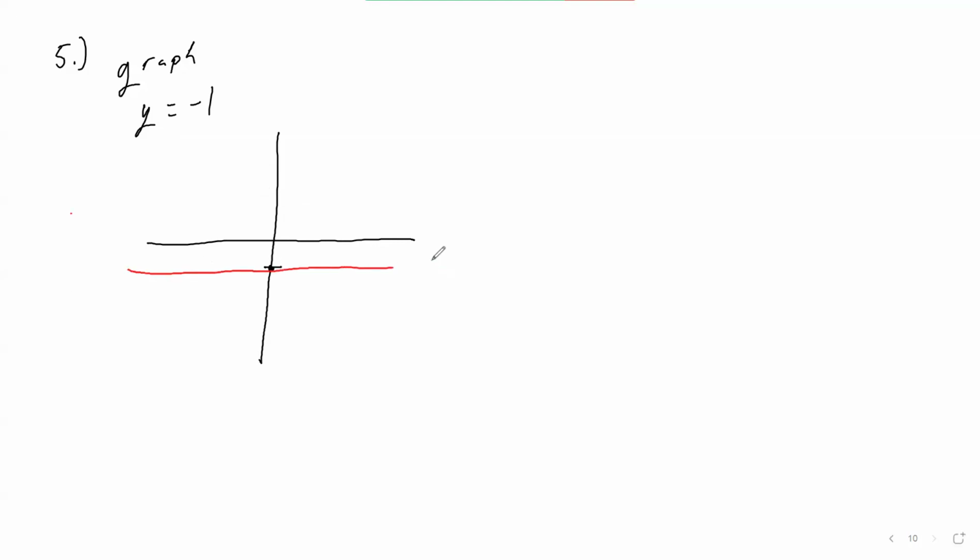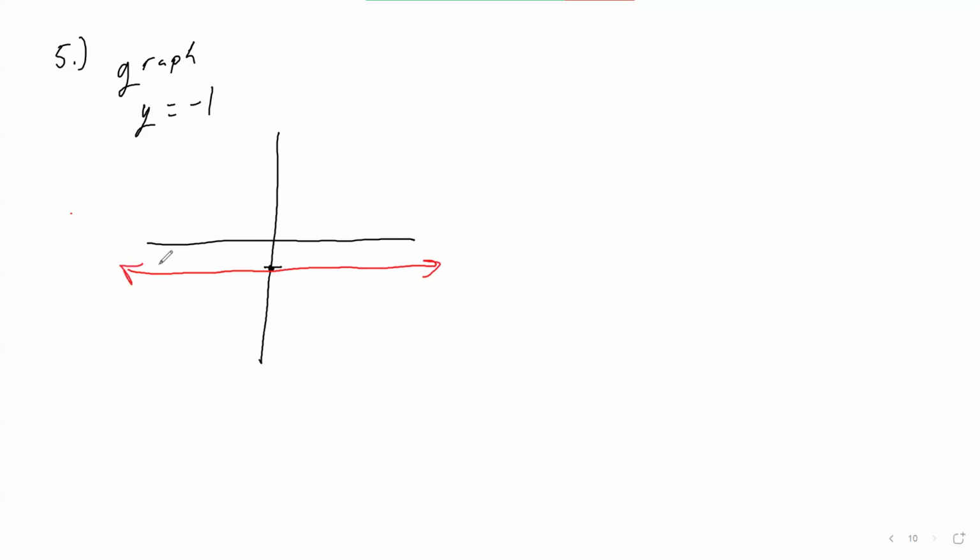Graph y equals -1. If you ever see a y equals a number, to graph it, go to that value. So y is the up and down. I'm going to go to -1, which is located right here. And I'm just going to draw a horizontal line.